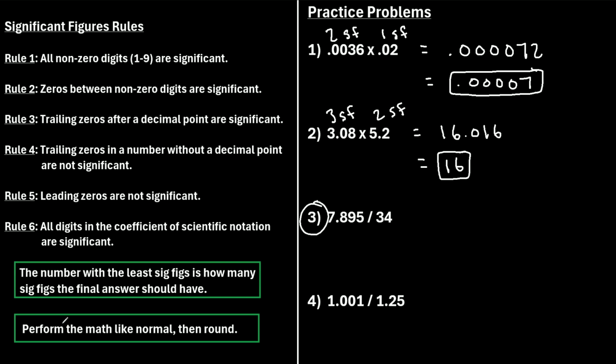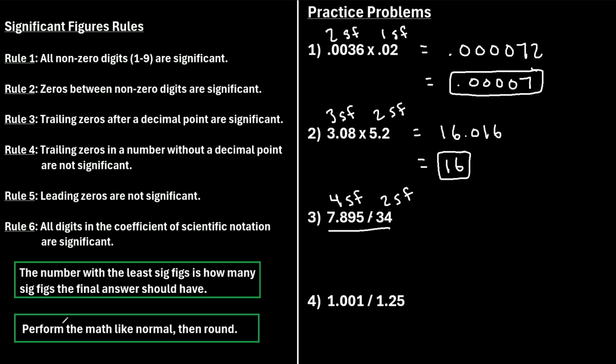All right, now let's check out example number 3. 7.895 divided by 34. So again, let's identify how many significant figures are in each of these numbers. So in this first number, all 4 digits are significant. So let's write 4SF. And in this second number, the 3 and the 4 are both significant, so this has 2 significant figures. So the lesser of these 2 values is the 2. So our final answer should only have 2 significant figures.